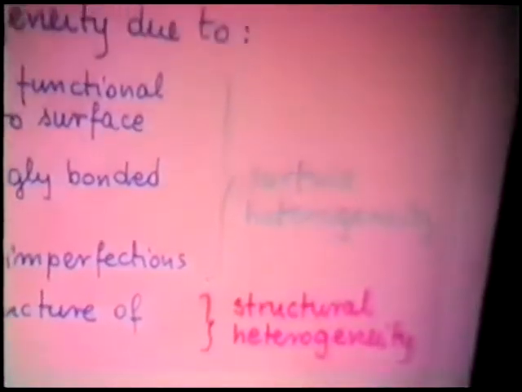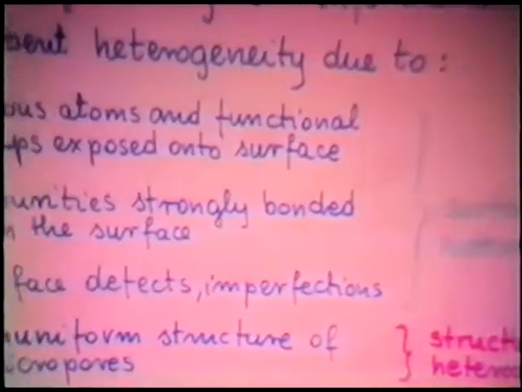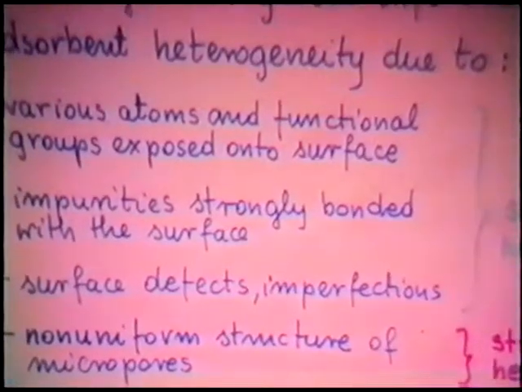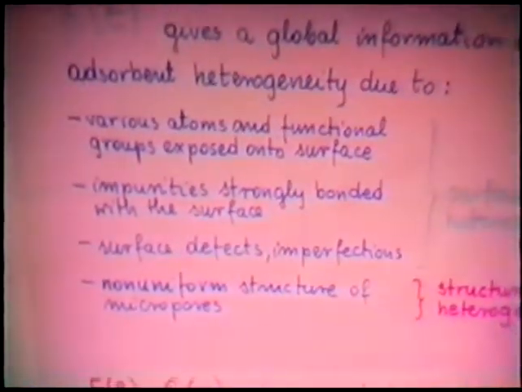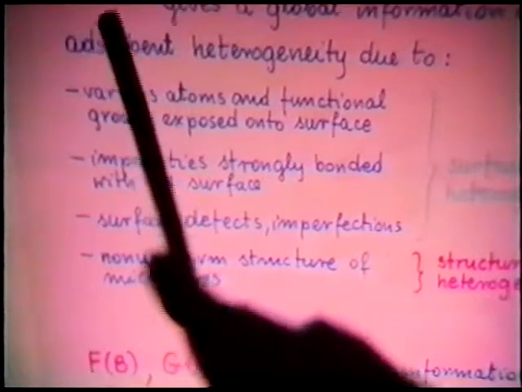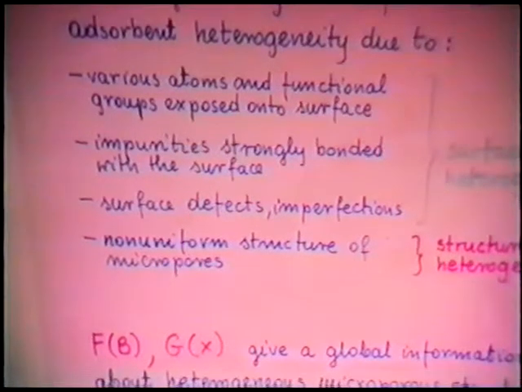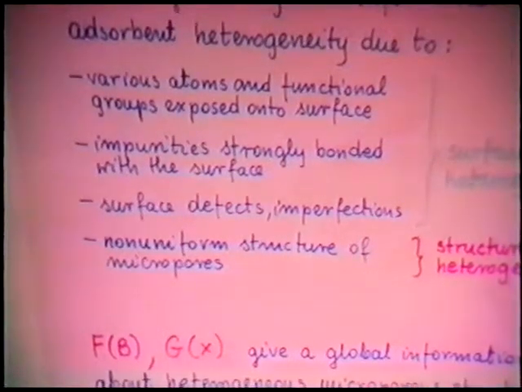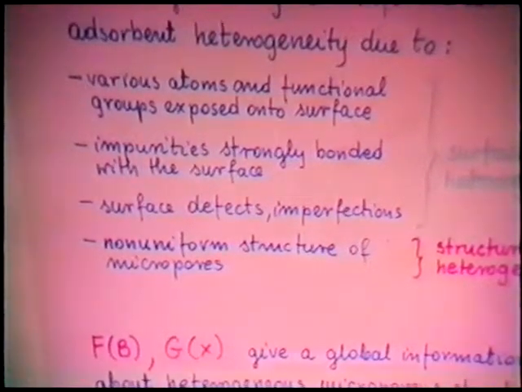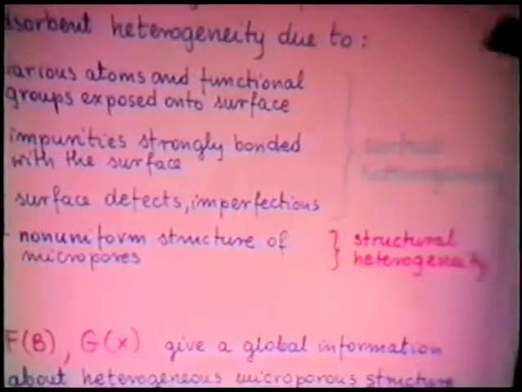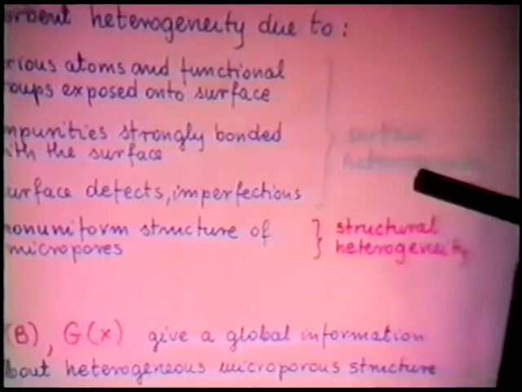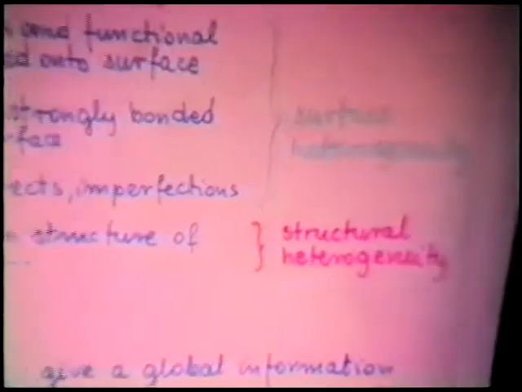It means that it is the difference of adsorption energy of solute and solvent. And we can evaluate this function from adsorption data. However, we receive information about global adsorbent heterogeneity. I think about surface heterogeneity and structural heterogeneity.